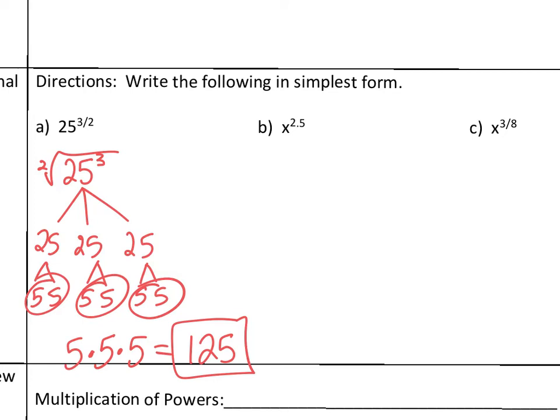Yeah, 2.5. Write that as a mixed number. So 2.5 would also be 5 over 2, okay? So I'm going to change this 2.5 power to just 5 over 2 power.